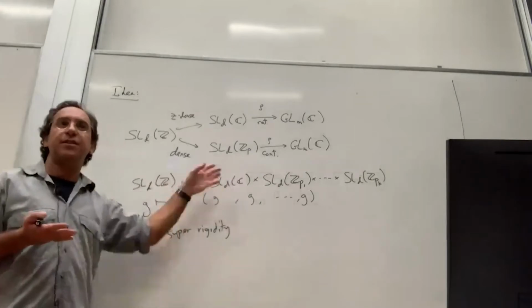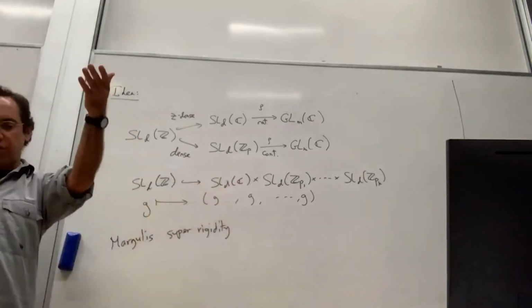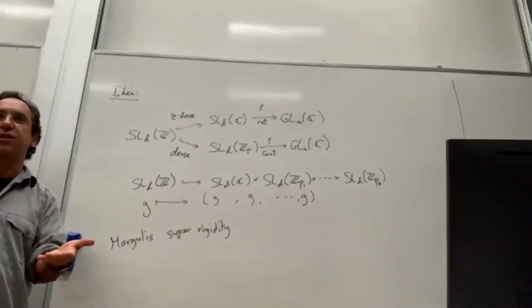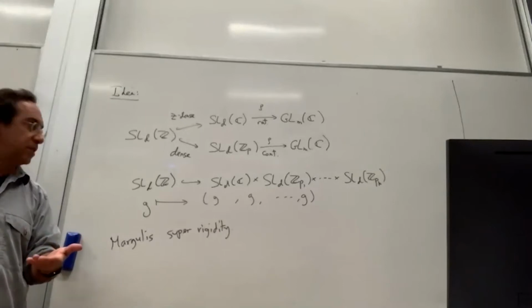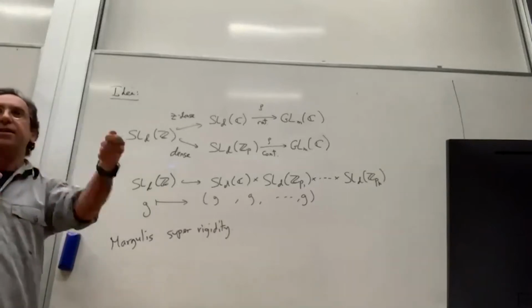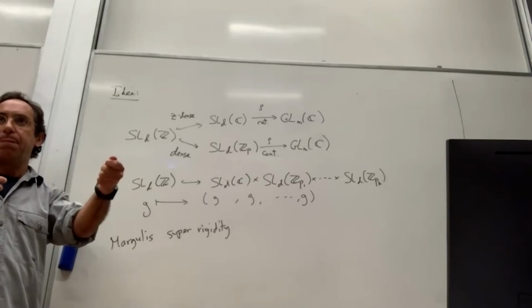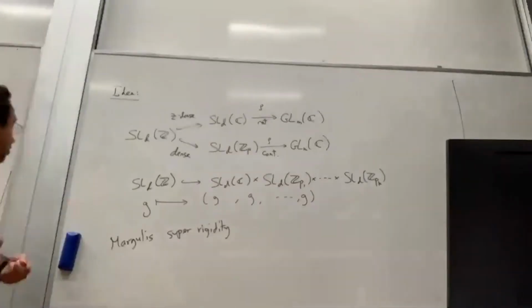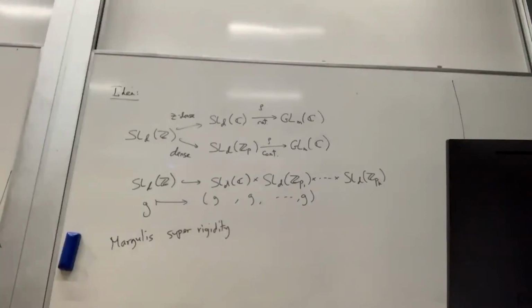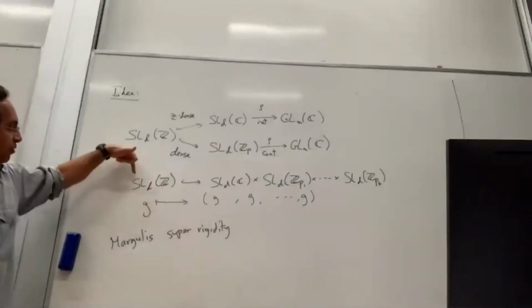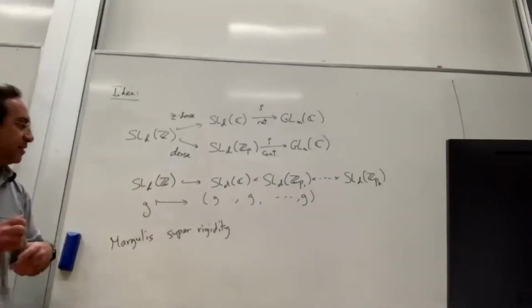So it's not that it is exactly coming from SL_d(C), but on a finite index subgroup, it agrees with such a representation. Or it has a finite image. And if it has finite image, and if you have the congruence subgroup property, it means that this finite image factors through SL_d(Z-hat).